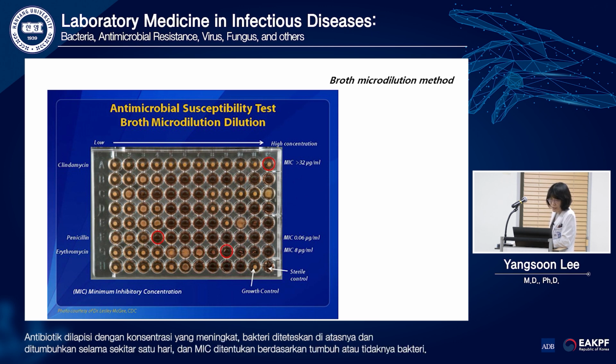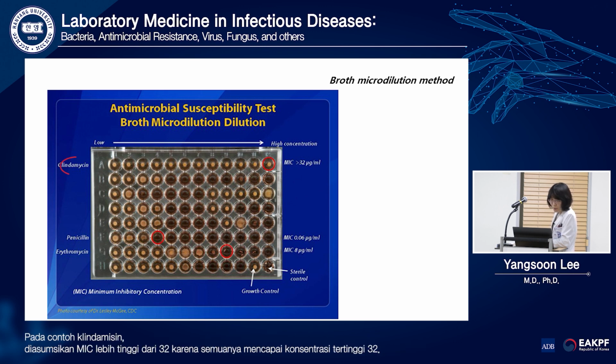Antibiotics are coated in increasing concentration. Bacteria are dipped on it and grown for about a day, and the MIC is determined based on whether or not the bacteria grow. In the case of clindamycin, it is assumed that MIC was higher than 32 because all of them grew up to the highest concentration of 32.